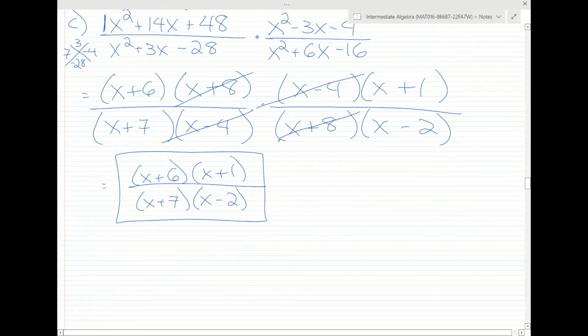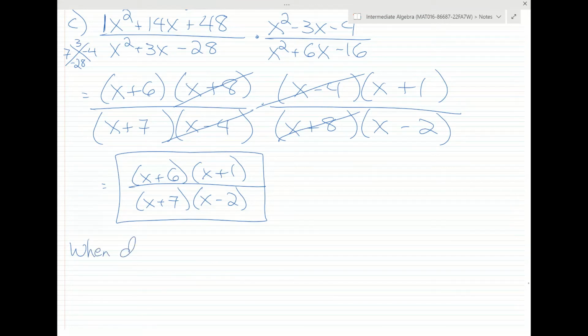And then the last thing for this section is we'll talk about dividing. So when dividing rational expressions, we factor completely.